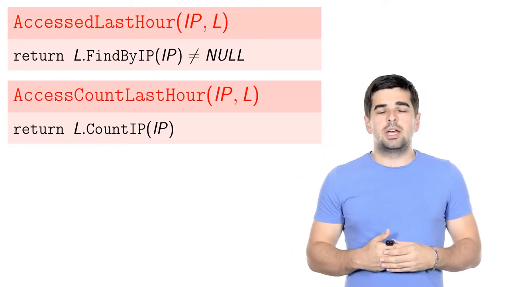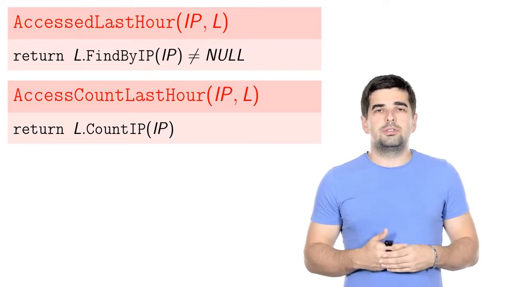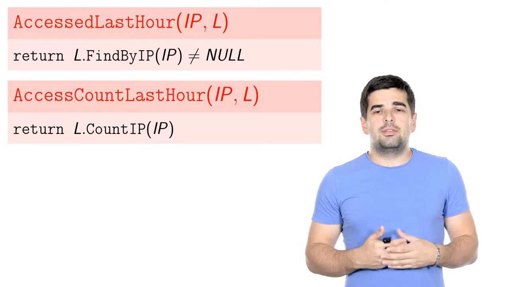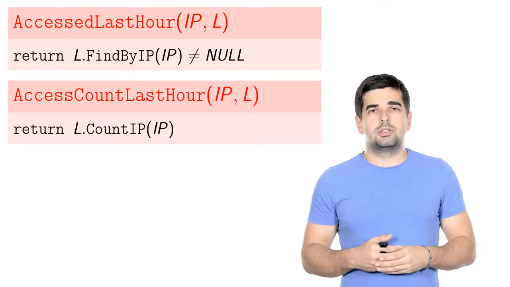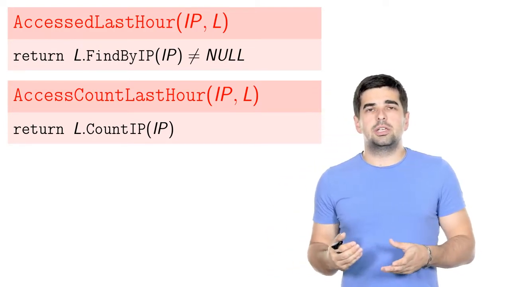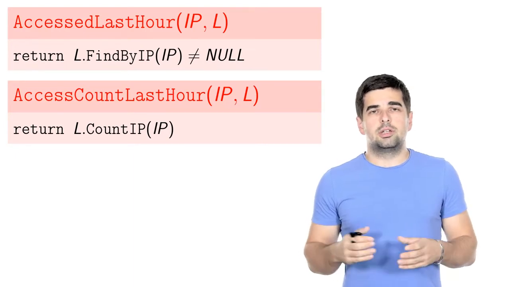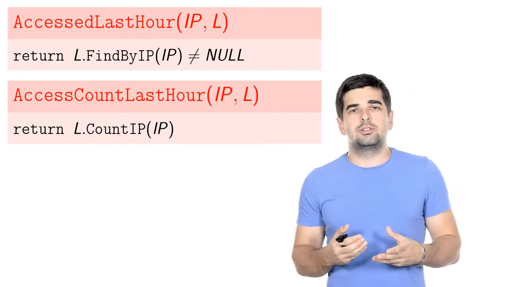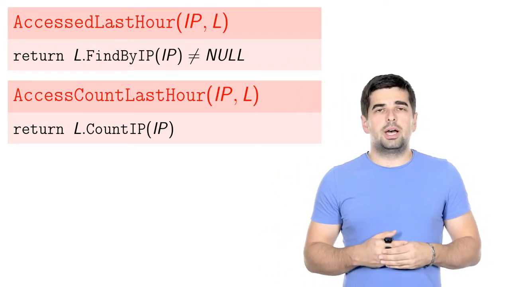That is done by the procedure FindByIP, which is different from the standard Find procedure of the list in that we search not by the whole object, which is a log line containing both IP address and time, but just by the first field, the IP address. So our list contains tuples of IP addresses and times of access, and we only look by IP address.